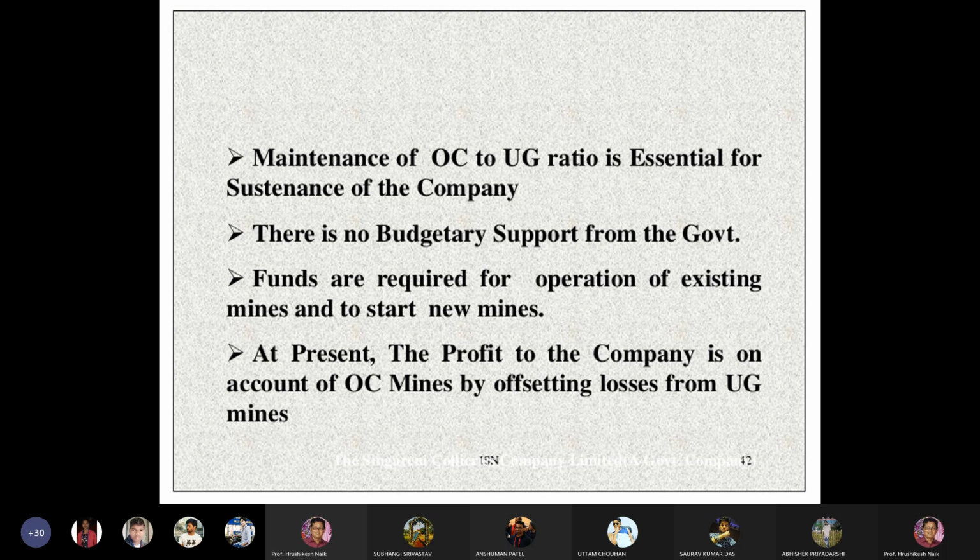Funds are required for operation of existing mines and to start the new mines. At present, the profit of the Singareni company is on account of open cast mines by offsetting losses from the underground mines. You get loss from the underground mines, but you get profit from the open cast mines. So that is why the net profit is more. The net profit you get is from the open cast mines only.